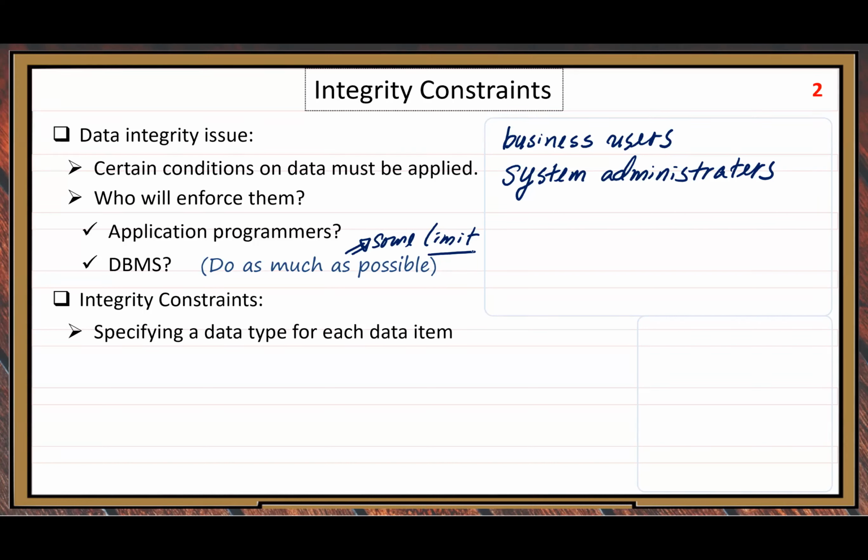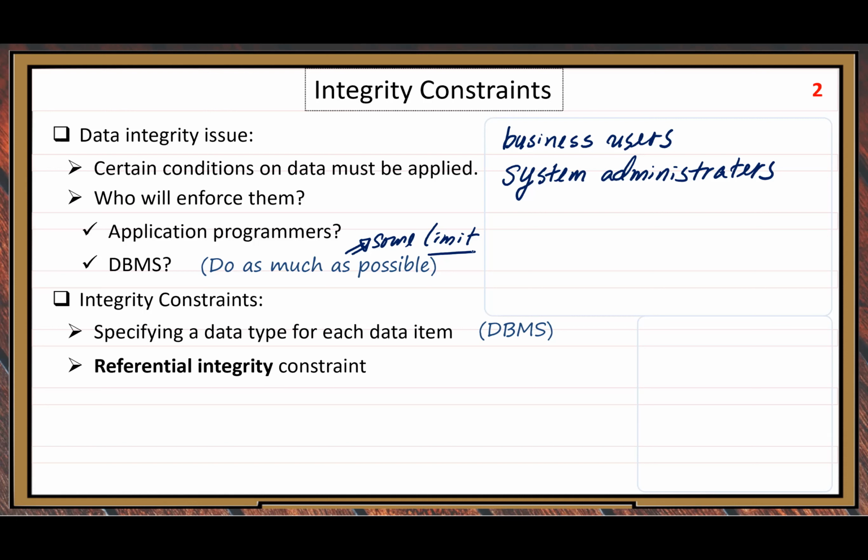The DBMS won't accept it because it is simple to check. So this simple constraint can be enforced by the DBMS easily.